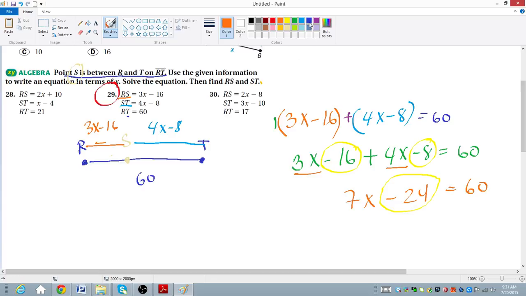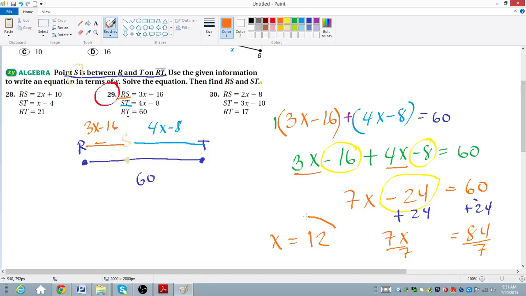Now what I want to do is add 24 to both sides. 24 here plus 24 here. Then what I have left is 7x is equal to 84. Now divide by 7, divide by 7. x is equal to 12.